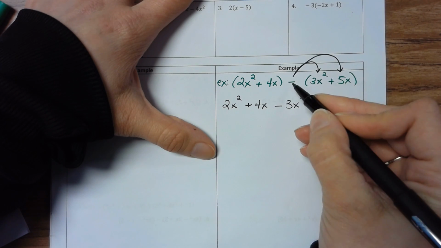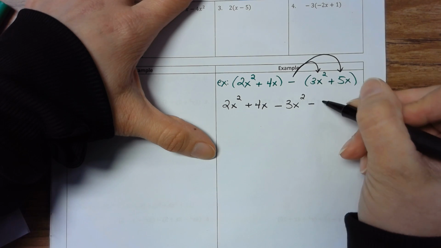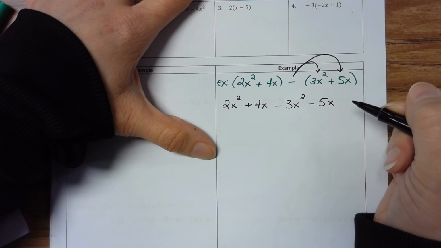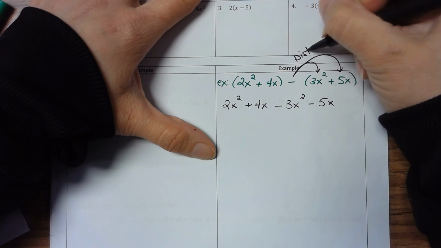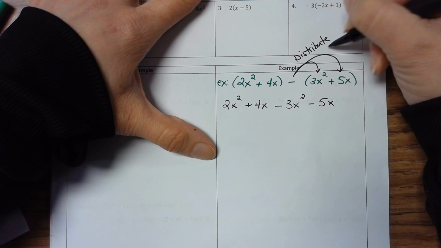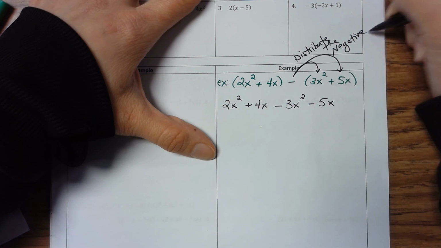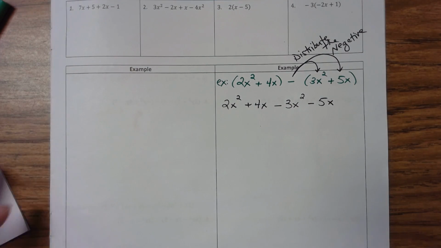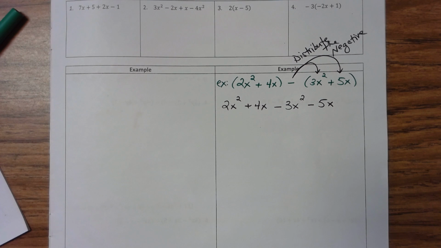But we also have to make sure we subtract the second term, so subtract 5x. So when you see a minus sign, we are going to distribute the negative. That's what needs to happen with subtraction. We don't distribute to the first polynomial, just all the terms in the second polynomial.